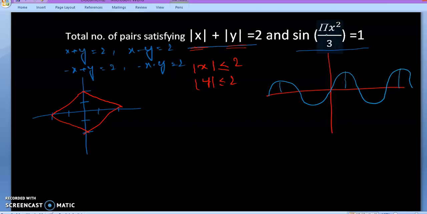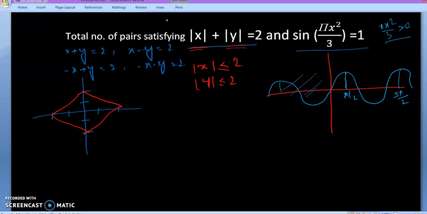But pi x square by 3 is always positive, so you have to take the values on this side. So we first check at this point: this point is pi by 2, and this point is 5 pi by 2.